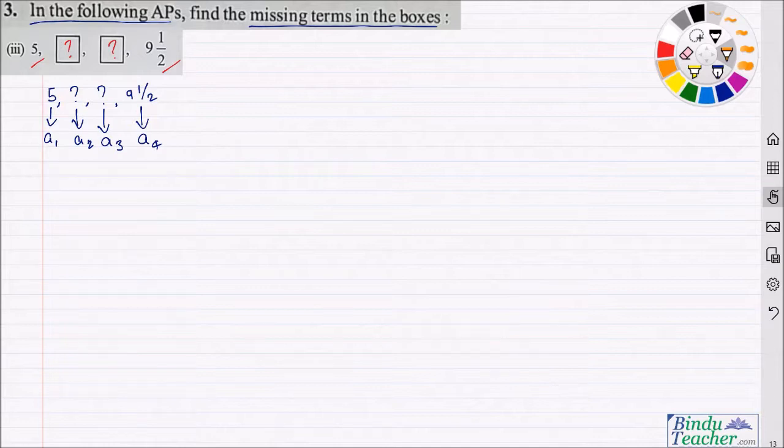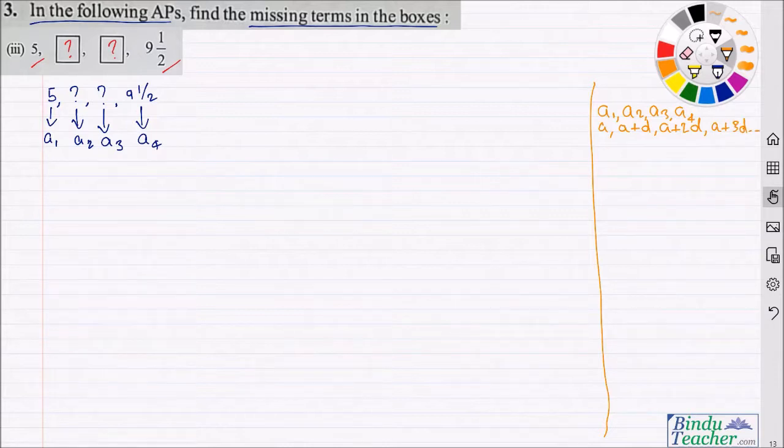For this, we have to write down all the formulas that we know about an arithmetic progression. How do you define a list of numbers as being in arithmetic progression? A list of numbers A1, A2, A3 and A4 are said to be in arithmetic progression if they are of the form A plus D, A plus 2D, A plus 3D and so on, where D is the common difference and D can be identified by A of n plus 1 minus A of n.